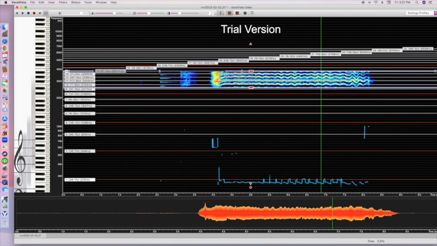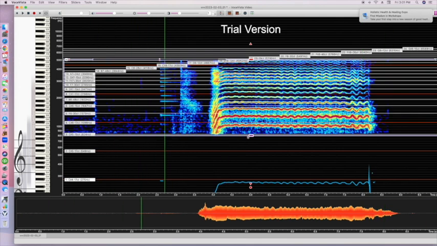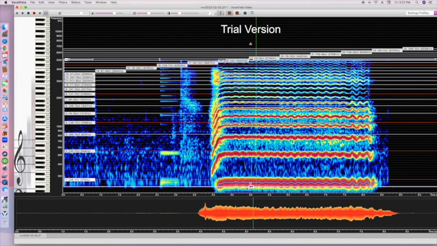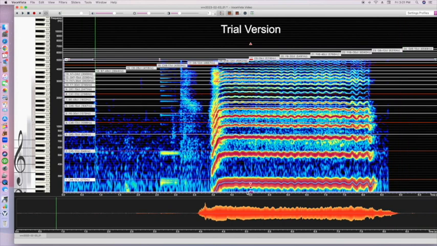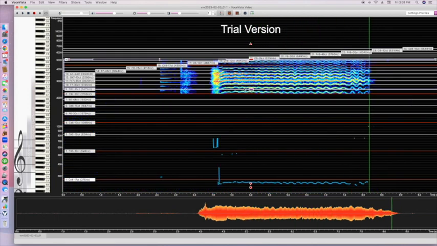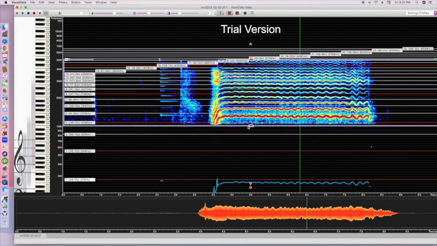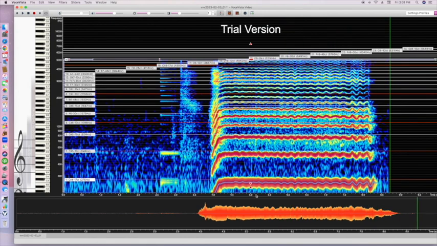So let's see what this sounds like as I'm playing it again. There's the full sound. And there's the formant. And go back down one more time. Cool, right?